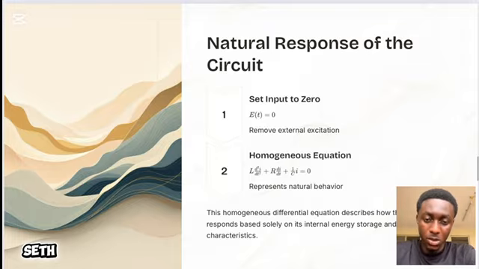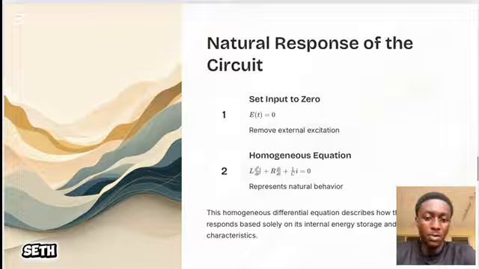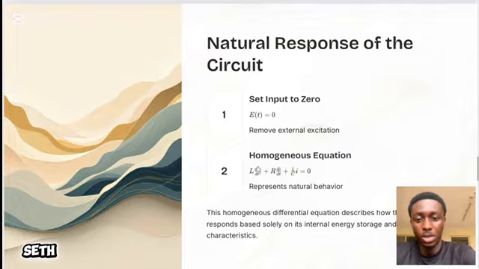This is very important because it moves us from a basic circuit description to a mathematical model that tells us exactly how the system will oscillate or decay before we even plug in specific component values.